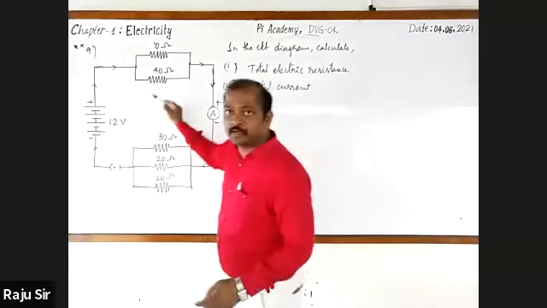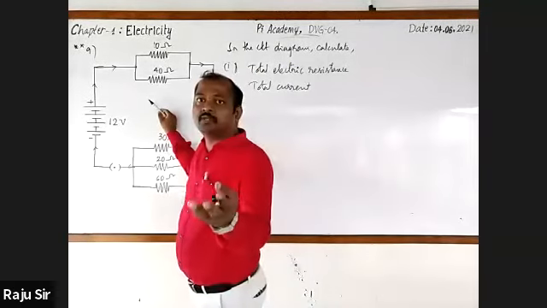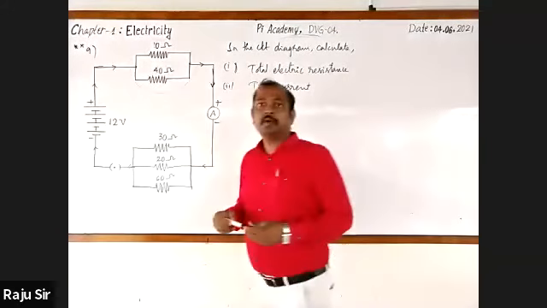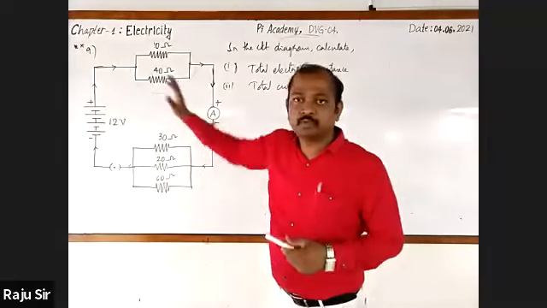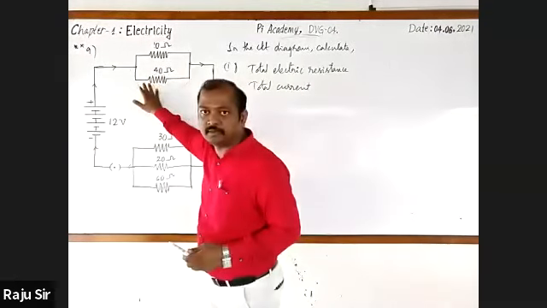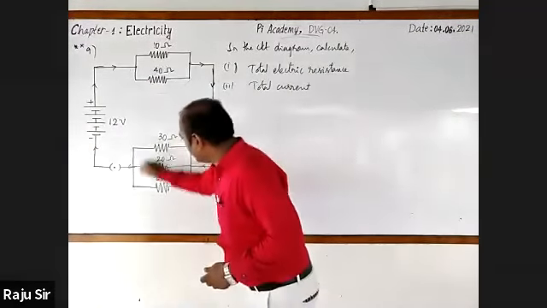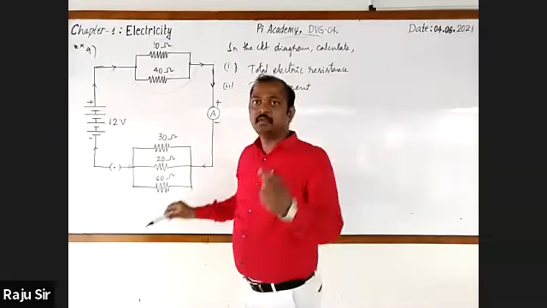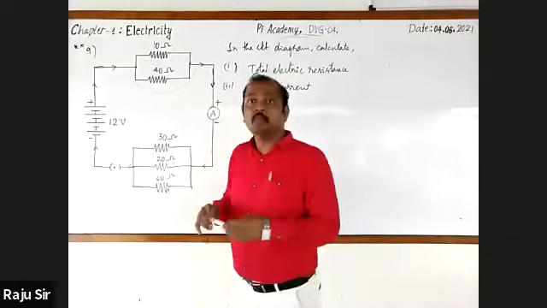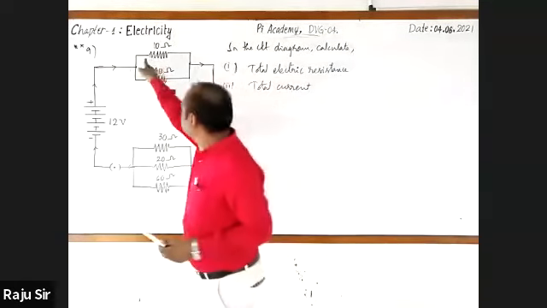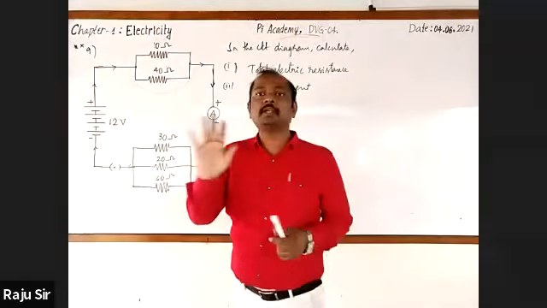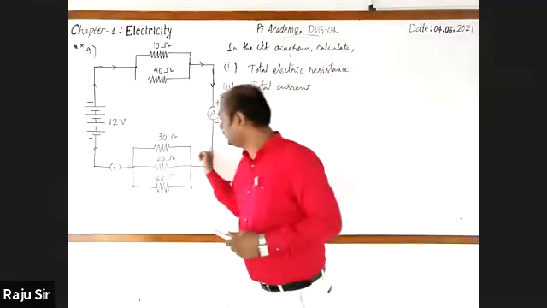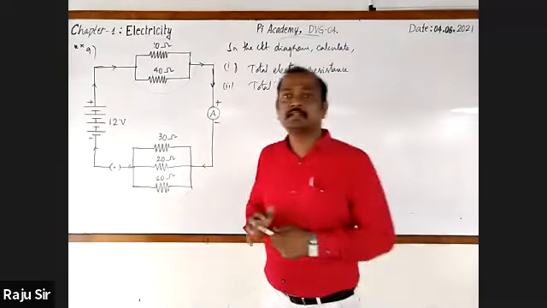The first one is what amount of current flows through 10 ohm and 40 ohm together, that is in this combination. What amount of electric current flows through the second combination? Next, what amount of electric current flows through 10 ohm separately, 40 ohm separately, 30, 20, and 60 ohm separately?